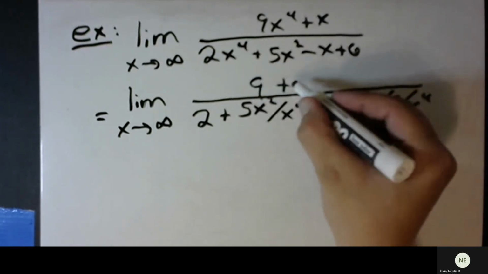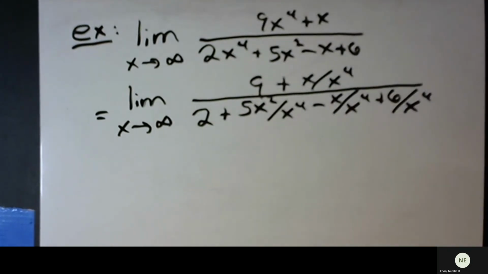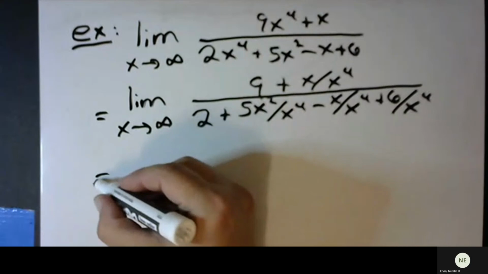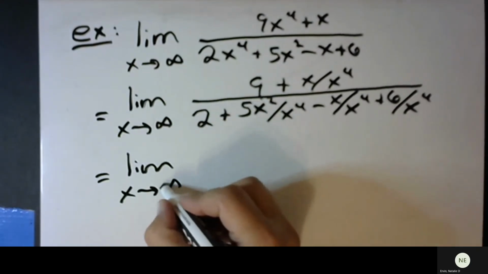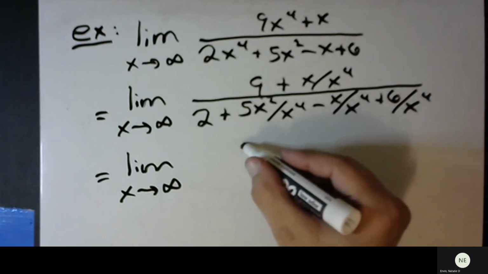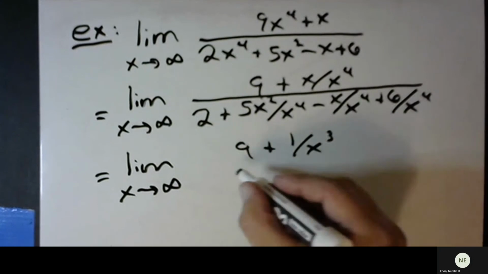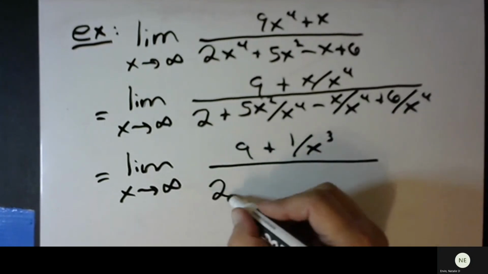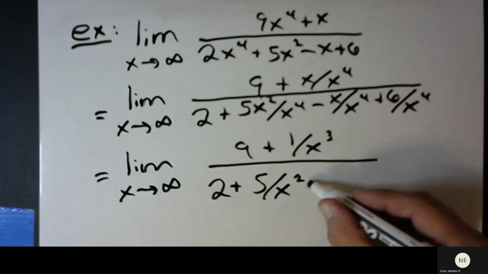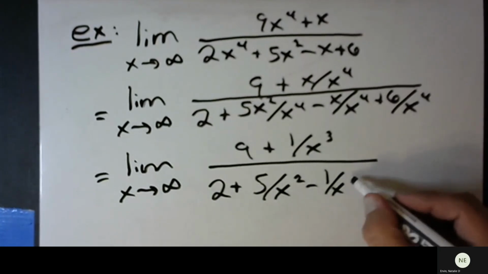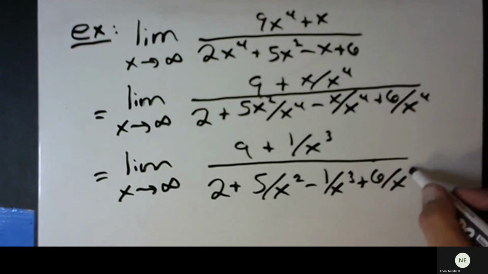The denominator will be 9 plus x over x to the fourth. So now we're going to simplify. We'll get 9 plus 1 over x cubed in the denominator, and then 2 plus 5 over x squared minus 1 over x cubed plus 6 over x to the fourth in the numerator.